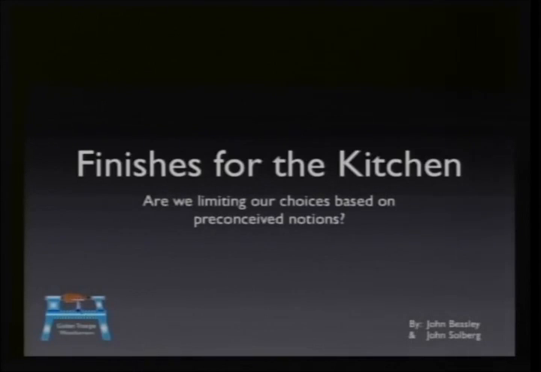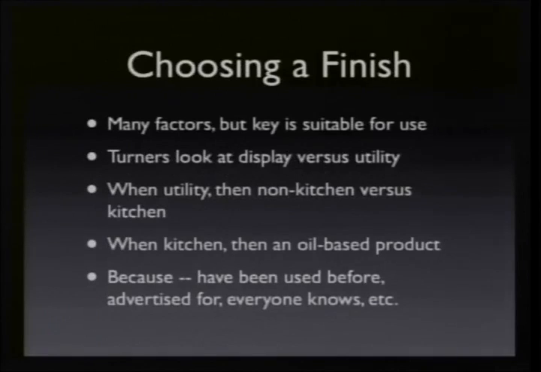So really, what kind of preconceived ideas do we have about finishes and what's going to happen? There are many factors that are suitable to use. Turners look at using a finish that's a utility finish, which is really something you want in the kitchen.